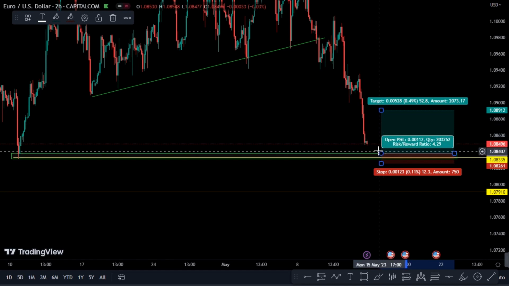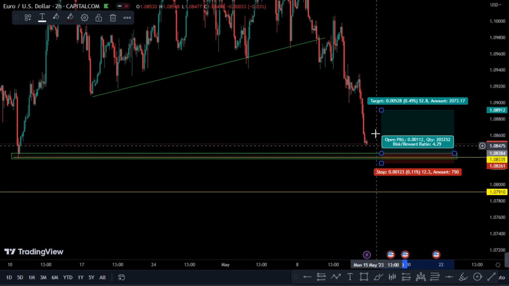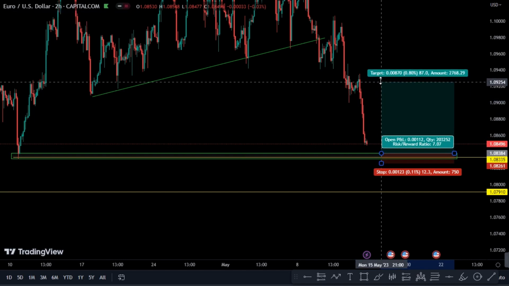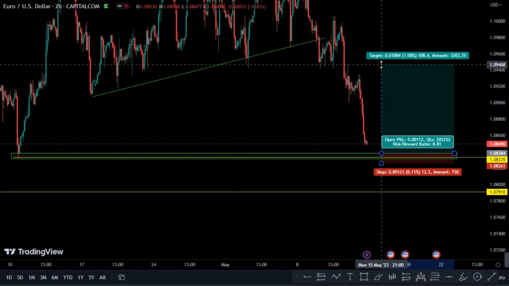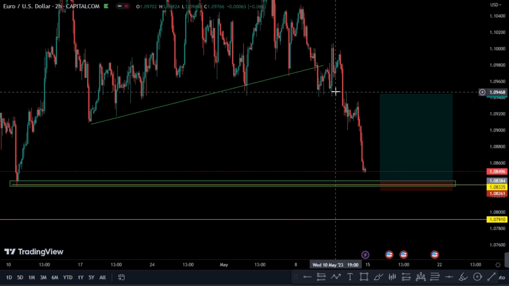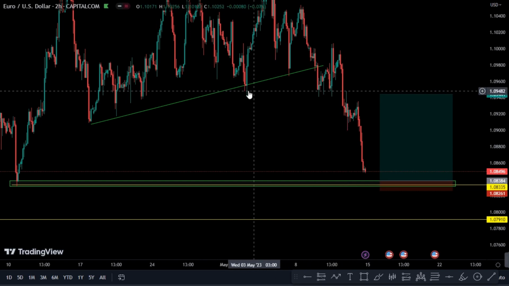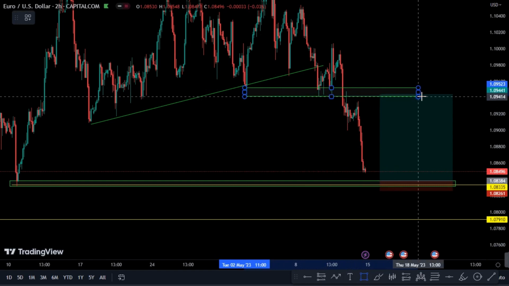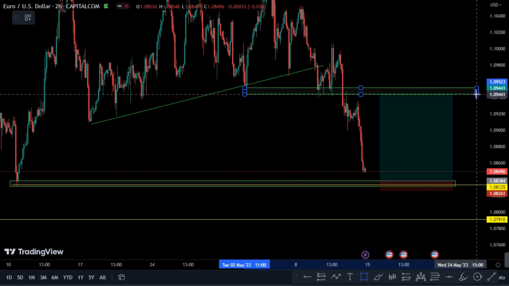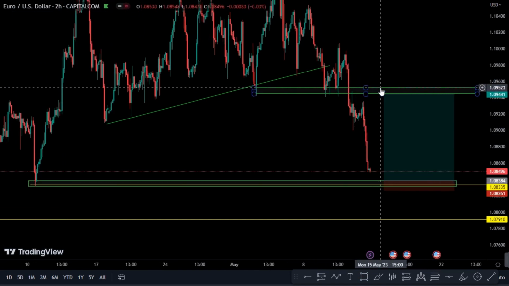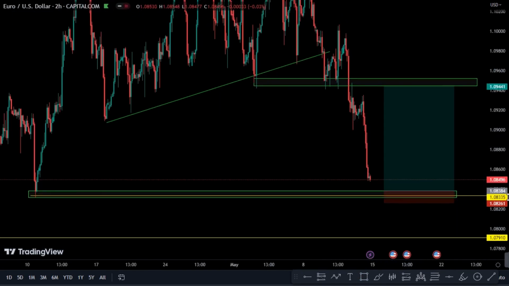Once we have the proper price confirmation, we would enter there, and we would anticipate our take profit around this area here, which is our previous significant structure that can be highlighted here. So we would anticipate a buy from this area to that area there.